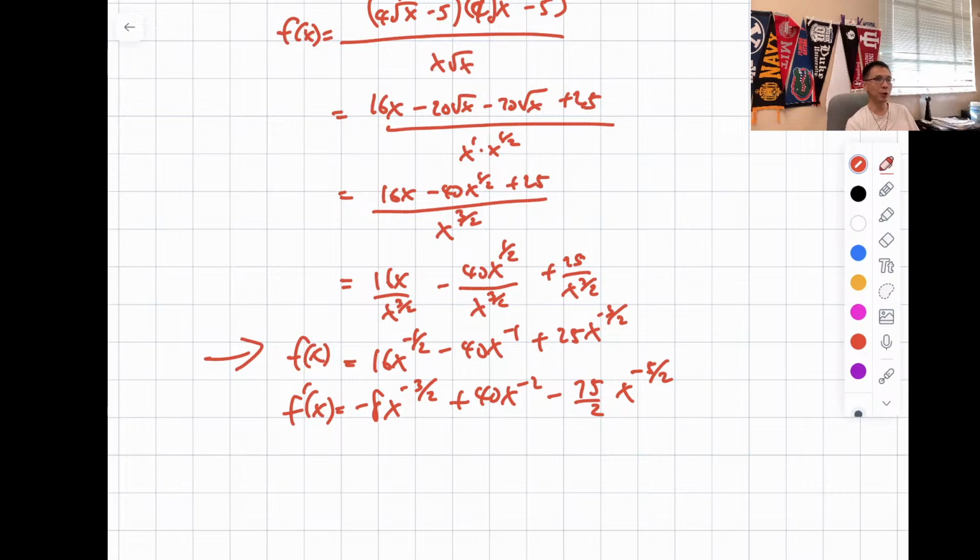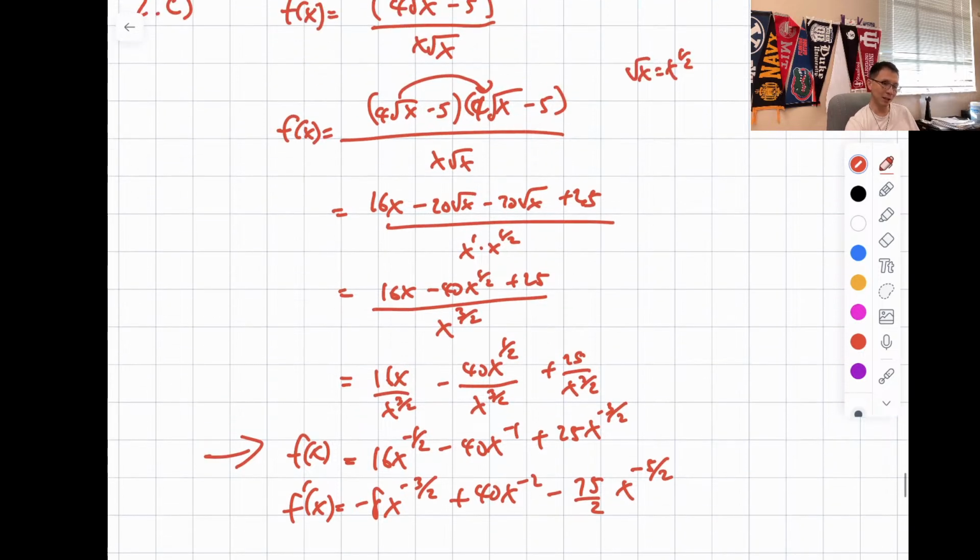If you have a polynomial over a monomial, that's the time you should split. Same thing as 3x squared minus 4x minus 1 over 4x. You're going to do splitting, because this is much easier to take a derivative of. It only takes 10 seconds if you do it properly.